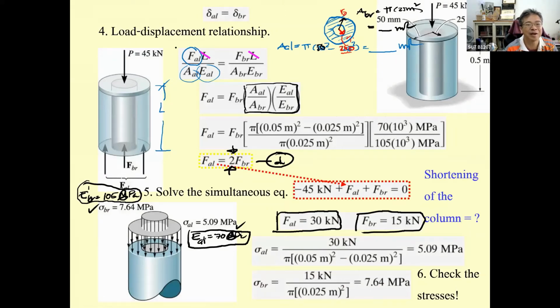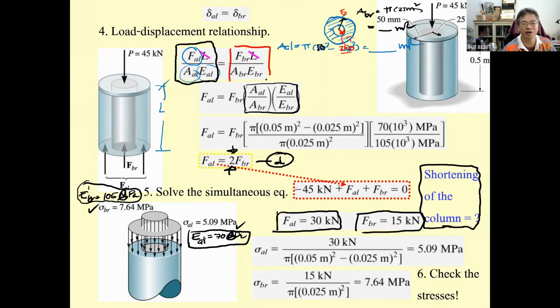You may pick up this equation, and you can compute the shortening of this column. Or if you don't like it, you may use this one because they are equal. No matter which, the equation is going to provide the same solution.